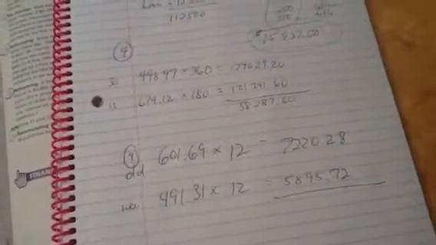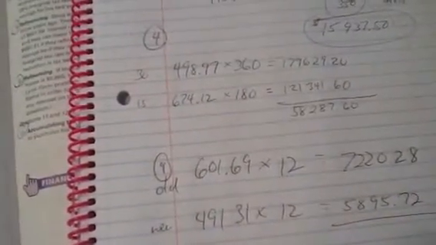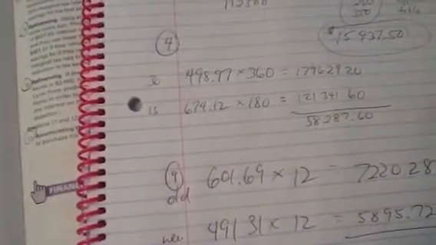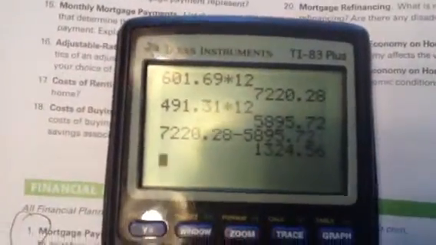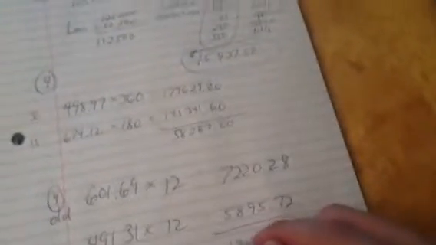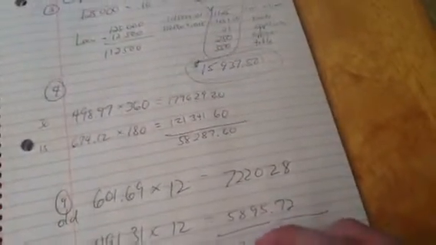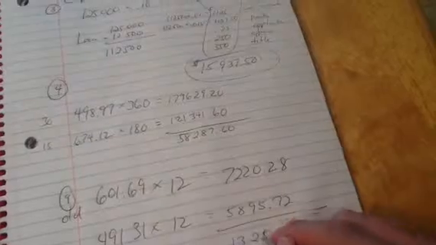The difference between those two looks like their savings at first. $1,324.56. It's got every number in there from 1 to 6. It's like a die, right? $1,324.56. That's the difference.